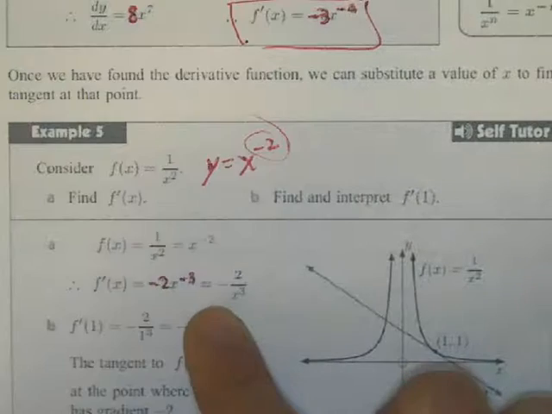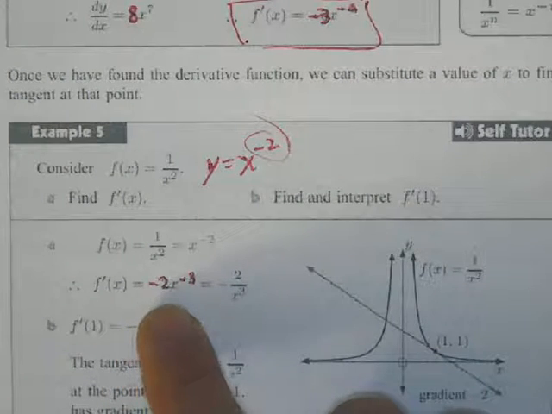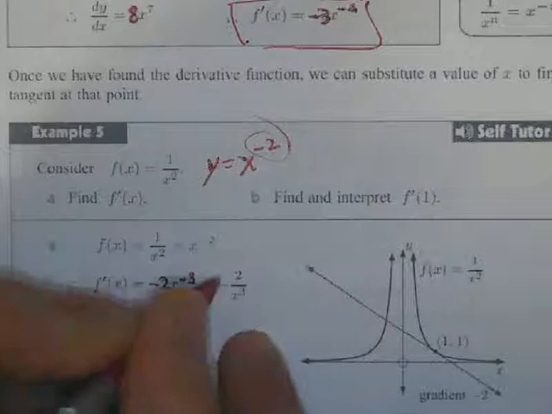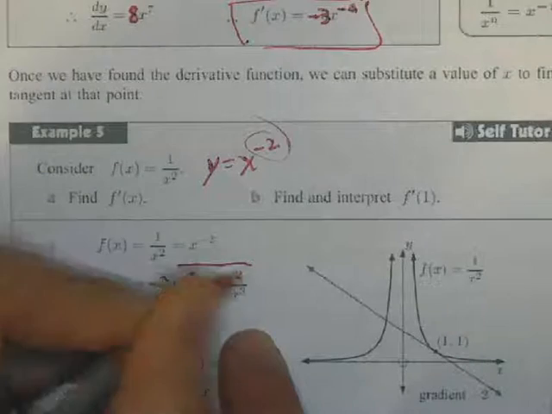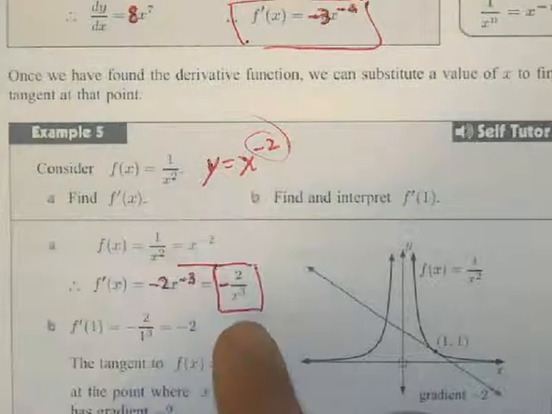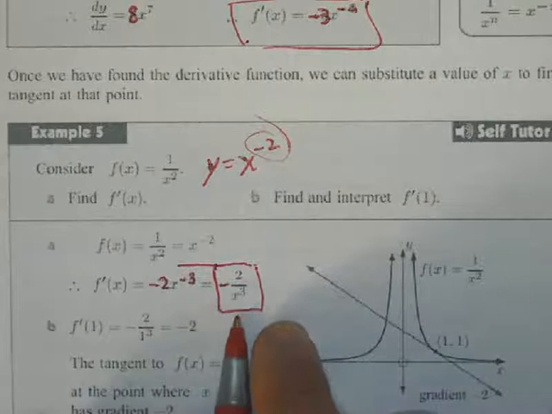So my derivative is negative 2 times x to the negative 3, and if I wanted to write this with a positive power, I would write it as 2 over x cubed.